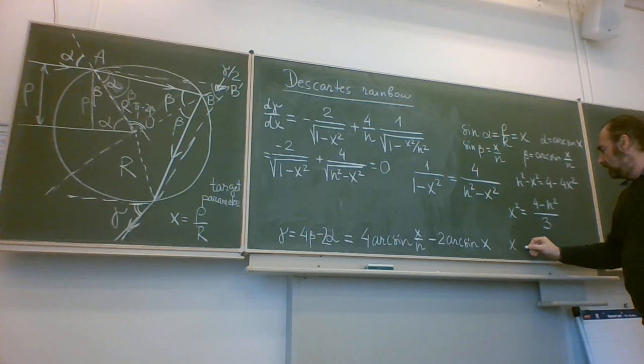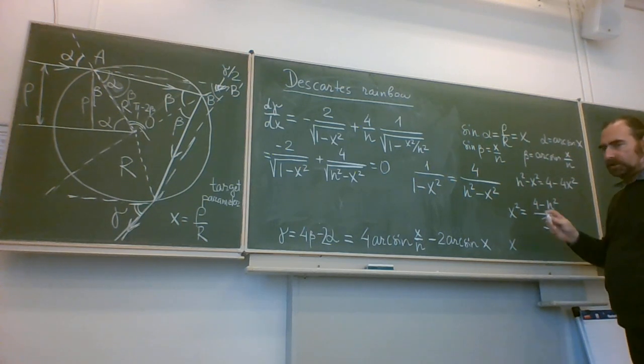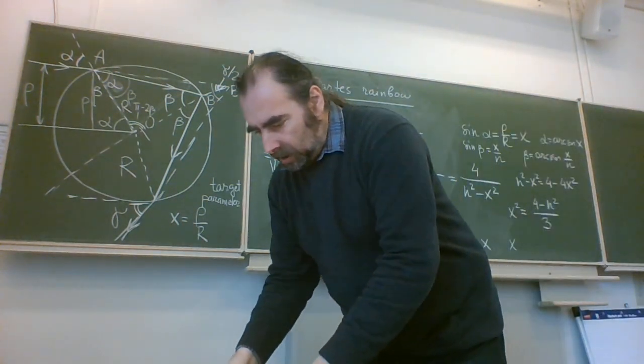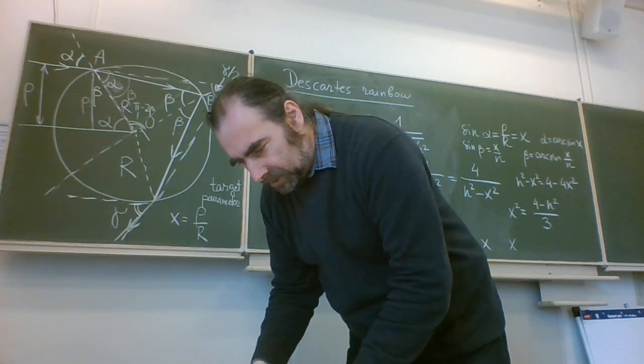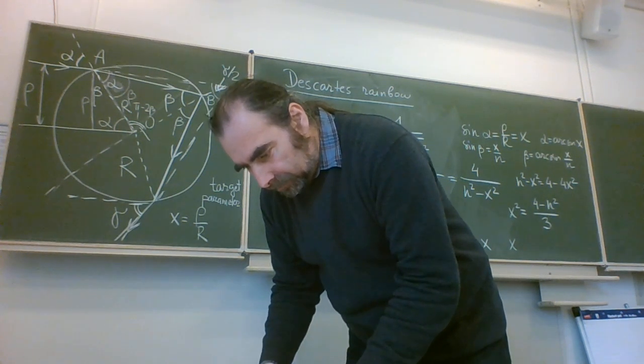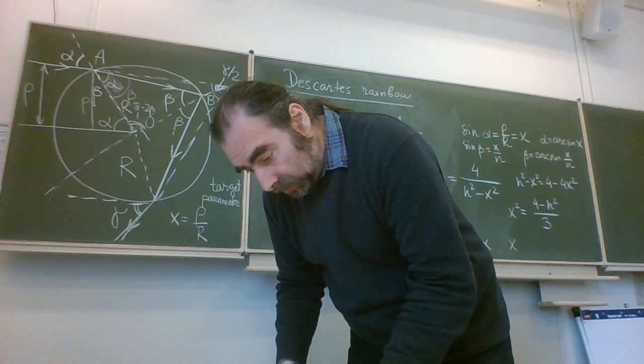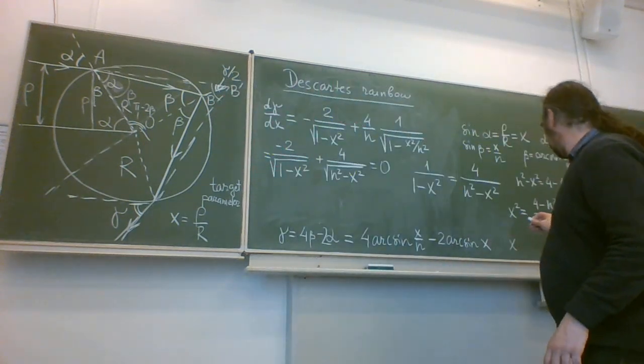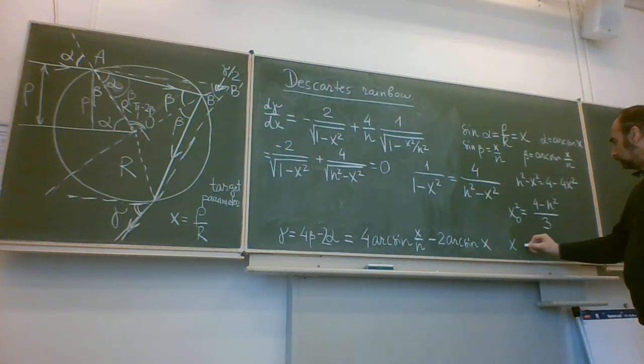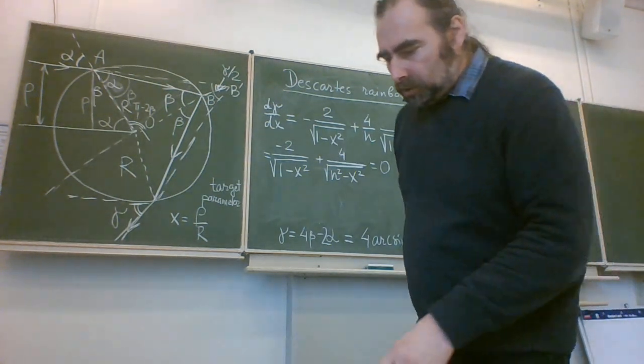So x at the maximum, let's call it, let's see, again, I want to be consistent with my notations. I will call it x naught. That's square root of 4 minus n squared divided by 3. Let me check with my notes.